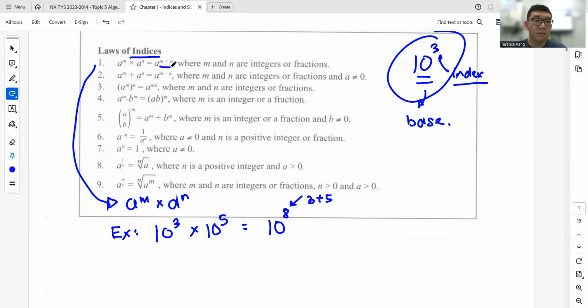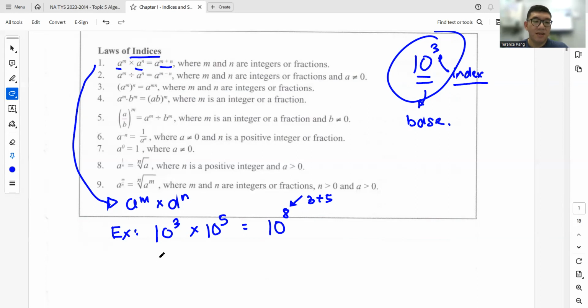Let's say it's 11 to the power of 3 times 10 to the power of 5. No, it has to be the same base. What if it's a different base? Then you have to evaluate it normally and put it through a calculator. If it's an algebraic term, then you cannot evaluate it, so just leave it as it is.